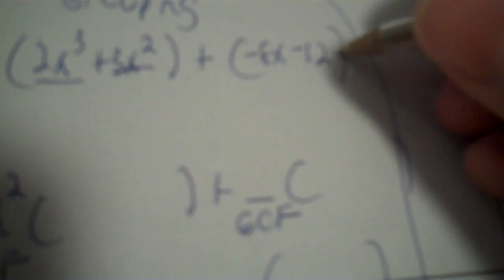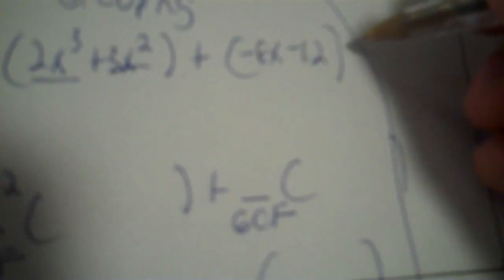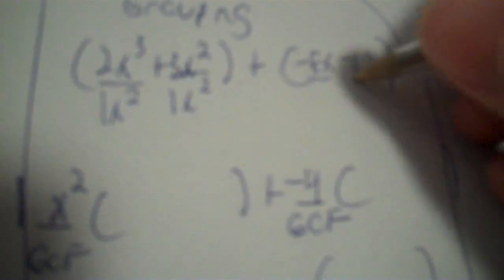Then 2 and 3 is a 1. Now here there's no x on the 12. There's an x on the 8, but not on the 12, so we have no business factoring out an x. There's a negative, then 8 and 12, that'd be 4. So we're going to divide by 1x to the second here, and we're going to divide by negative 4 here.